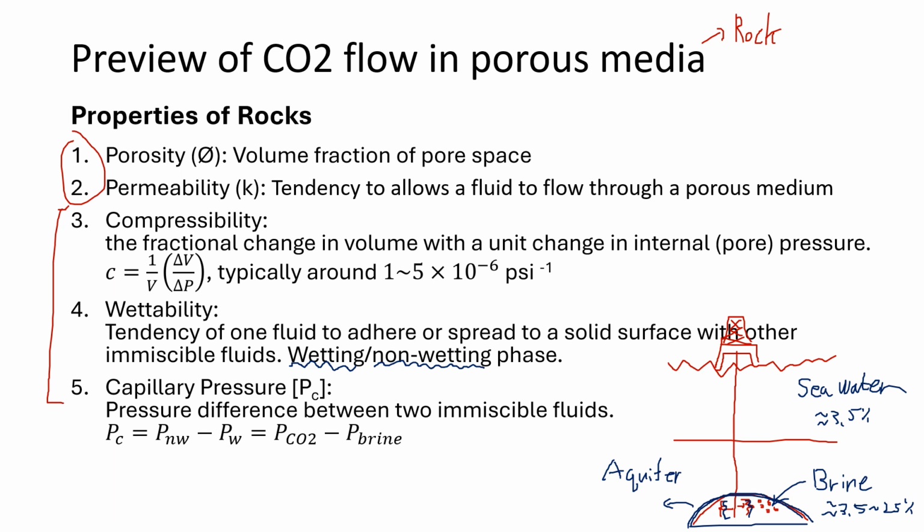And one simple experiment to tell the wettability of the rock is that we can extract a small cylinder sample of the rock from the formation, and the typical length here is maybe about 3 inches. It's not too big, and about 1 inch in diameter.